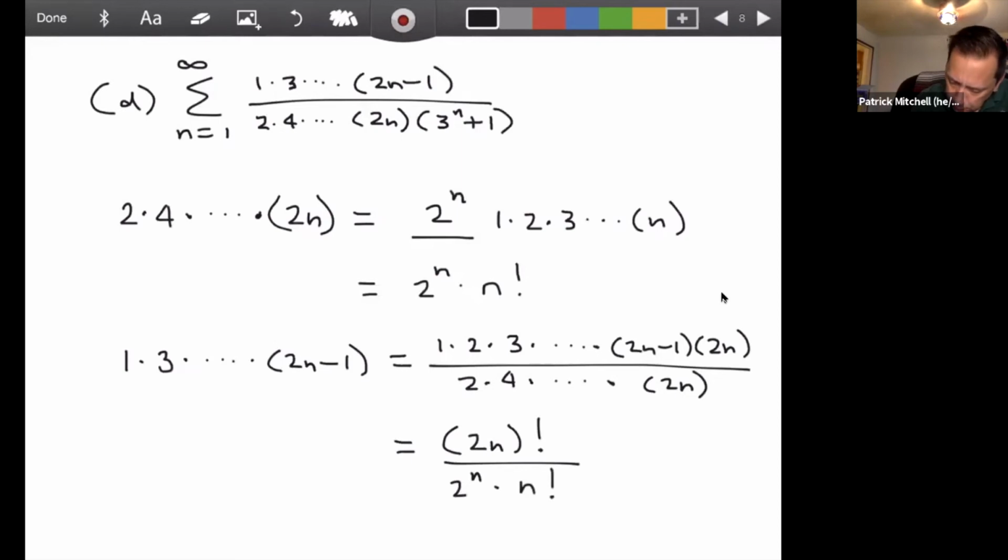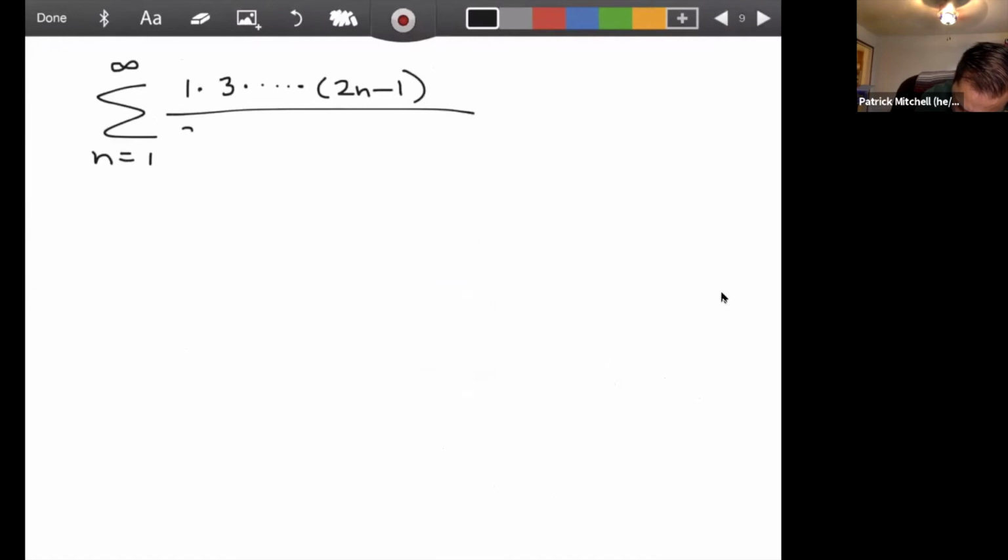Okay. All right. So now we have everything we need to rewrite this series in a form that I can do something with. So we have the sum n going from 1 to infinity of 1 times 3 times 5 times ... up to 2n minus 1 over 2 times 4 times 6 times ... up to 2n, and then over here we have this 3 to the n plus 1.